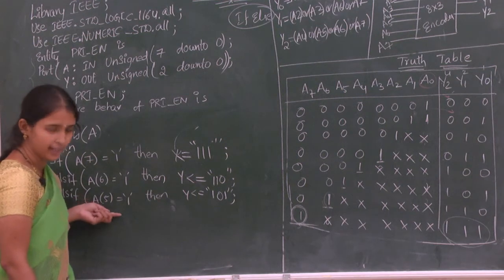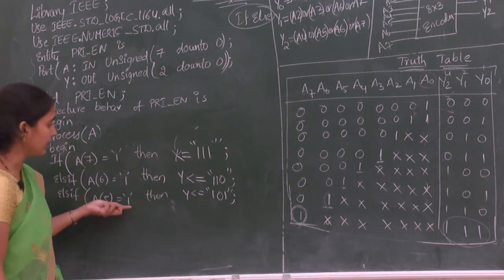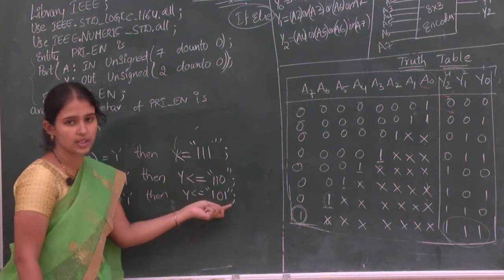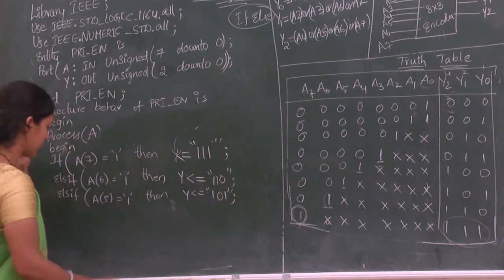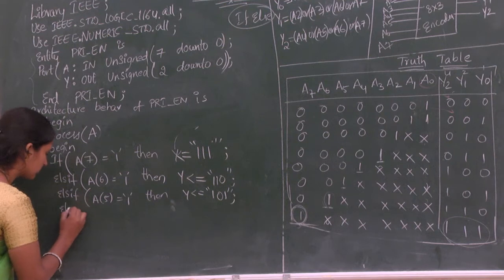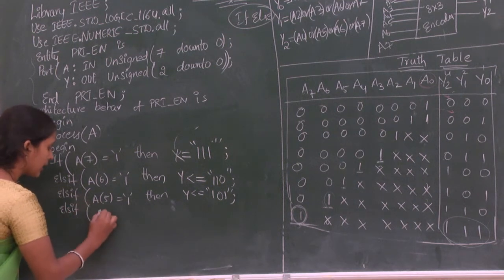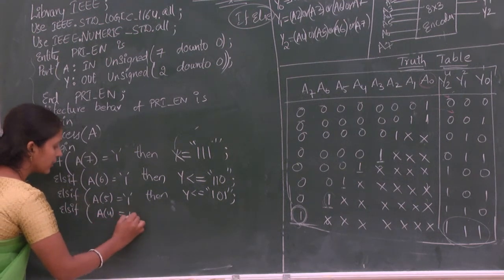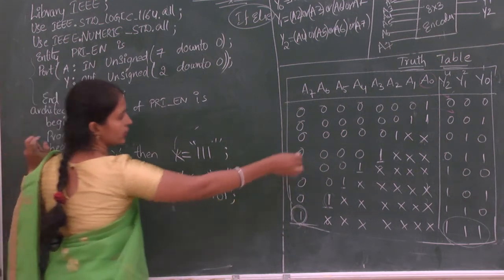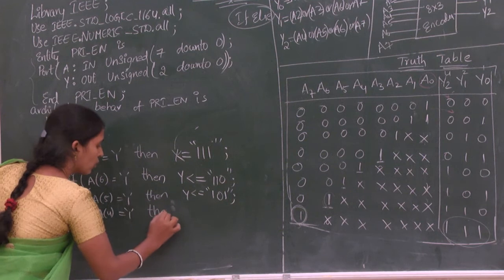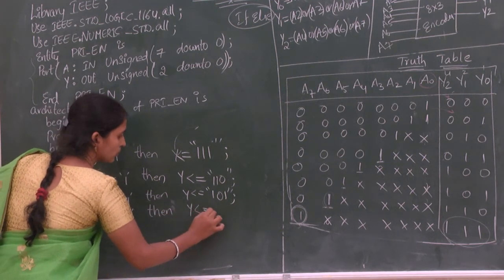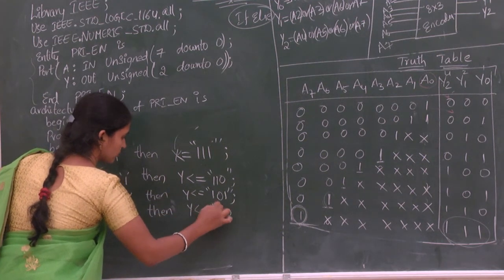It will check for A5. If A5 is 1, then it converts it into its equivalent code, that is 4 plus 1, which is 5. Else if A4 is equivalent to 1, it converts into 1, 0, 0, then Y will be equivalent to 1, 0, 0.